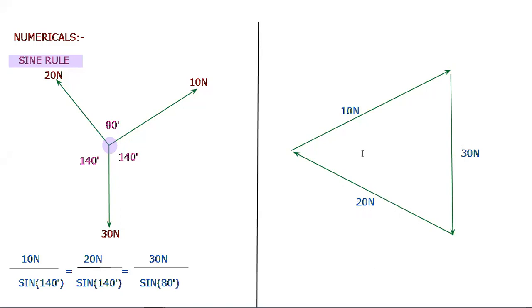Okay, now we have to write the angles also. Whatever the angles are there, we need to write. In this triangle the angles are different here. We have just taken an example to understand.